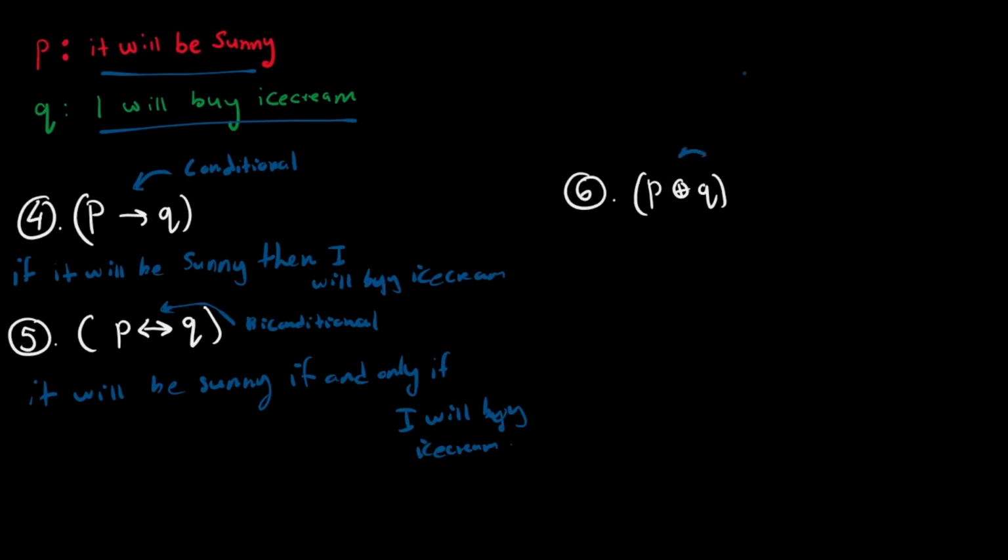In number 6, we have our exclusive or, which is a circle with a cross in it. The idea behind that is that either it'll be sunny or I'll buy ice cream, but not both.